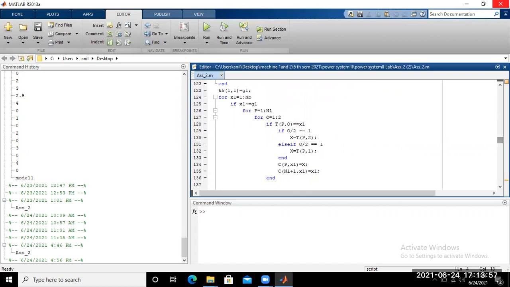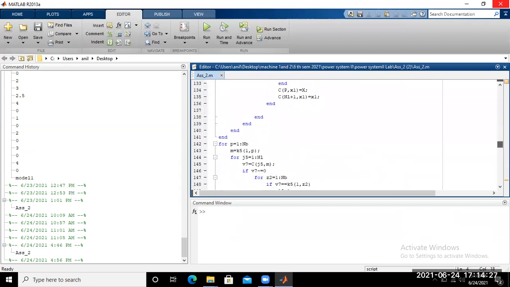If x1 equal to g1 for p equal to 1 and number of lines, so for q equal to 1 semicolon 2, if transmission line of p comma q equal to x, if q by 2 equal to 1, so x equal to t p comma 1 and int, so c p comma x equal to x and c number of line plus 1 comma x1 equal to x1.